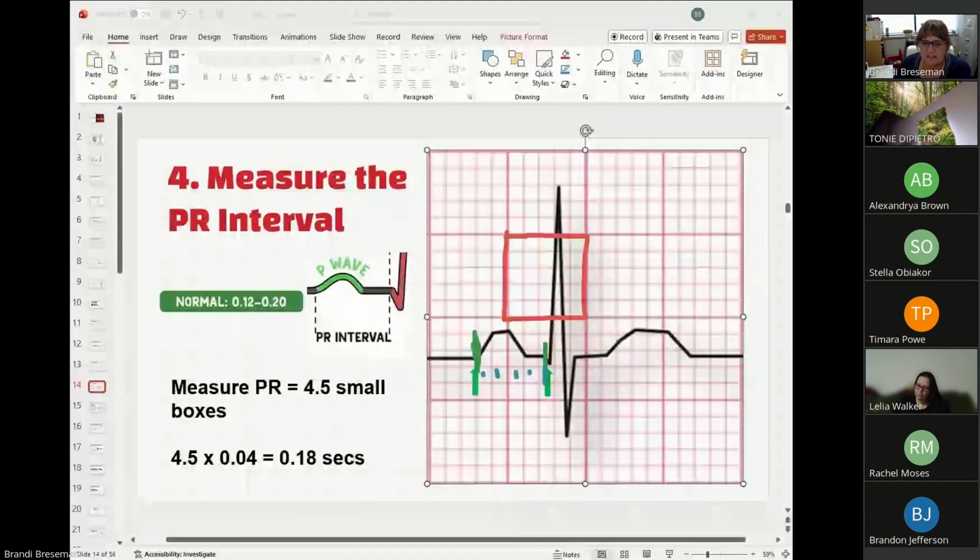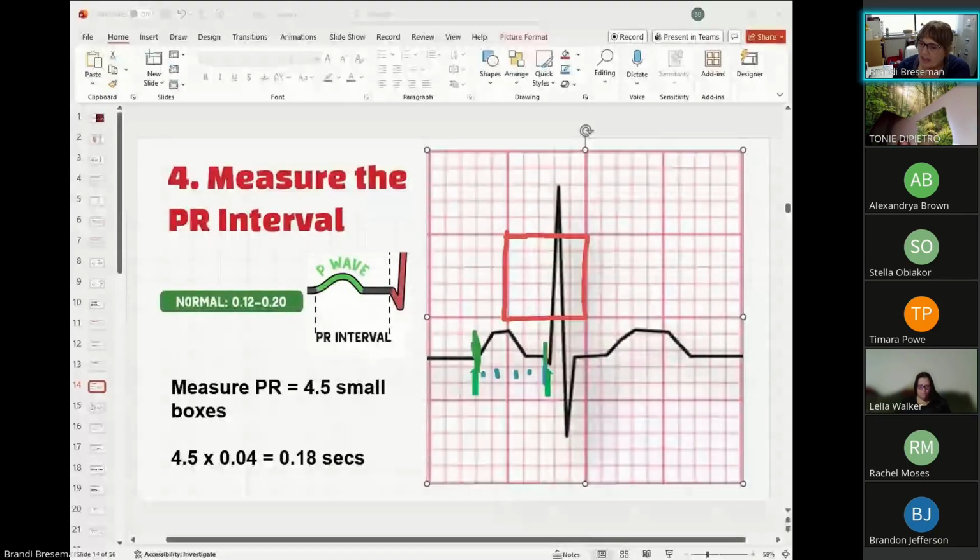So if I add 0.04 to 0.04, that gives me 0.08. If I add another 0.04, it gives me 0.12. If I add another 0.04, it gives me 0.16. And then a half is going to be 0.02.